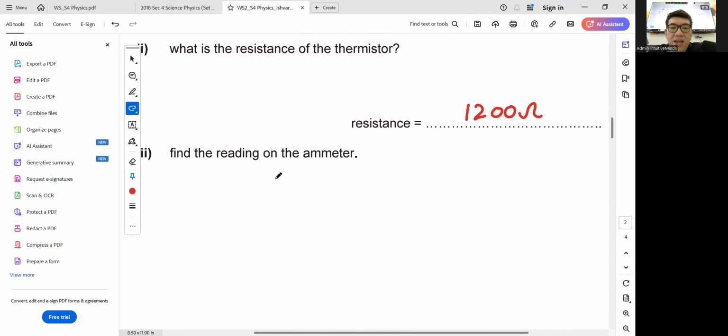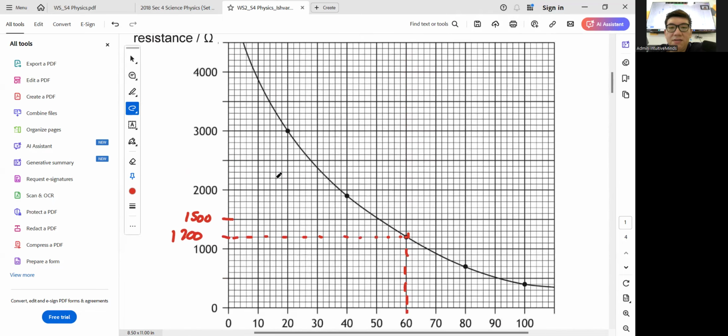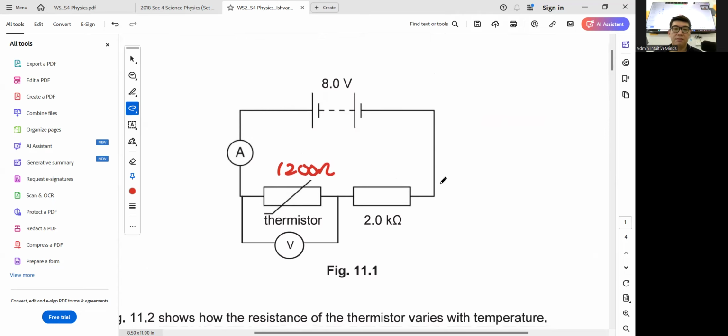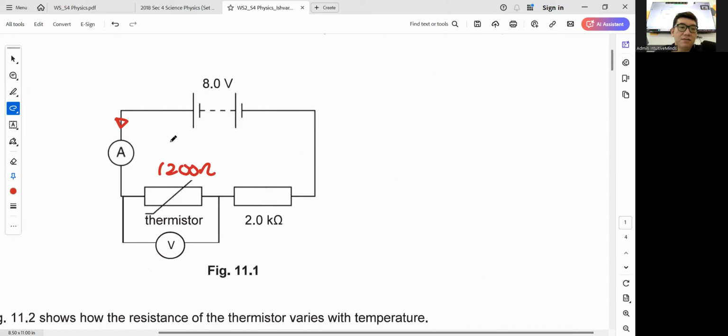Find the reading on the ammeter. So if the thermistor is currently at 1,200 ohms, what's the reading on the ammeter? Let's see.